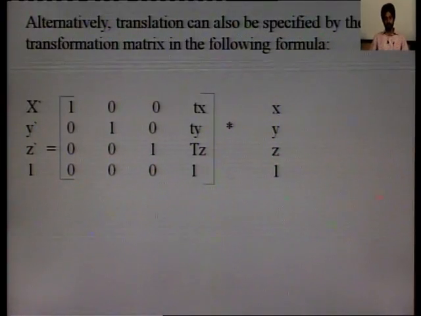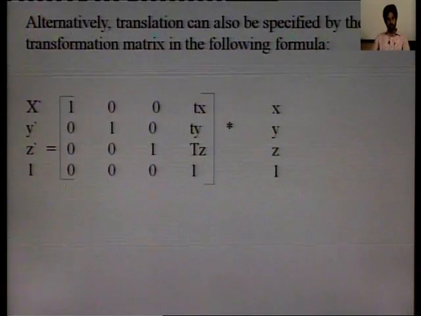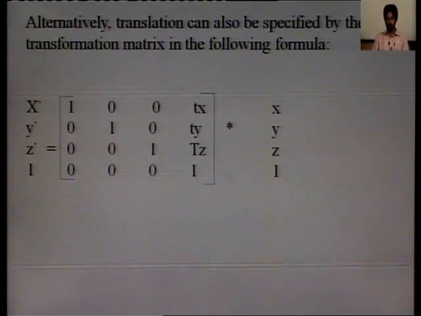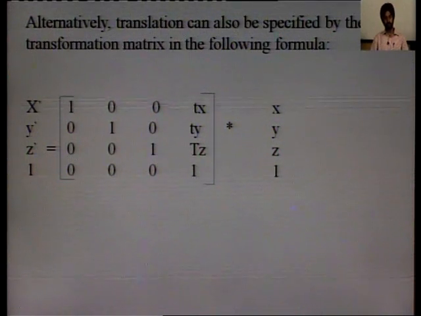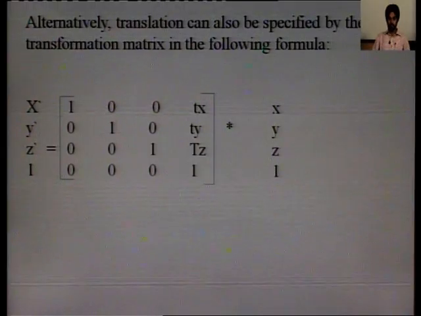We multiply this matrix by the other matrix x, y, z, 1, the original coordinates of our object. Multiplying both matrices, we conclude x dash, y dash, z dash, the translation in 3D graphics.